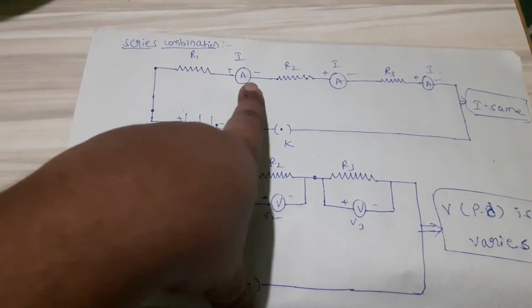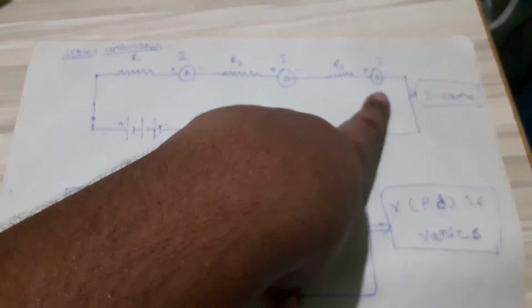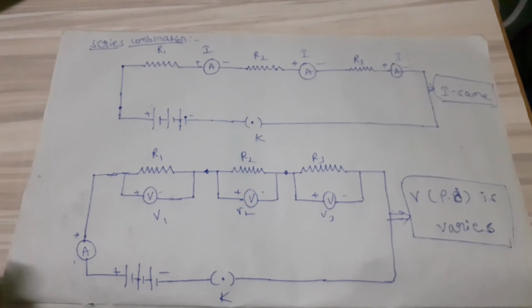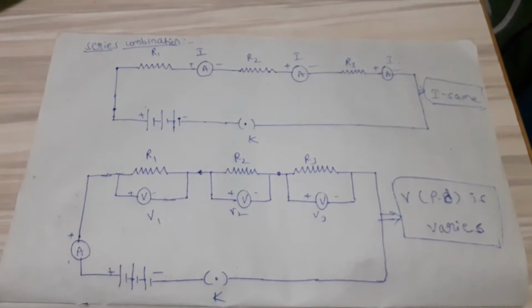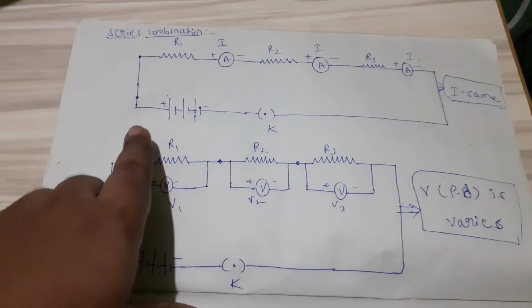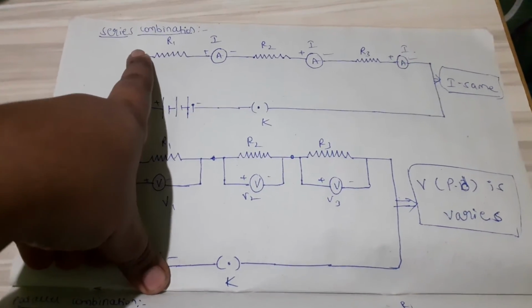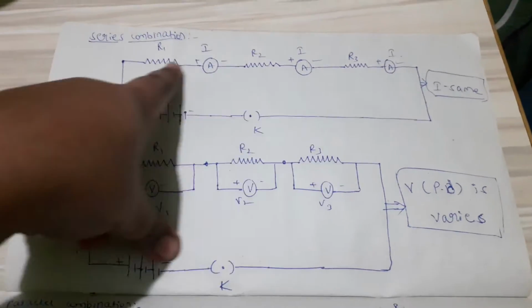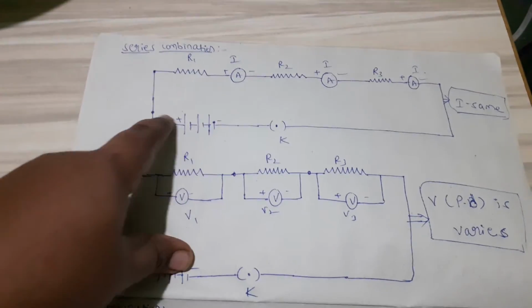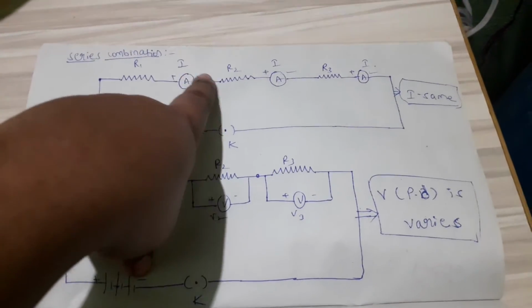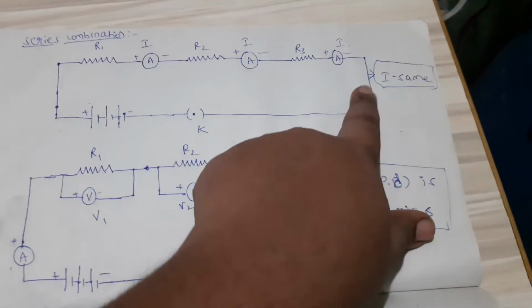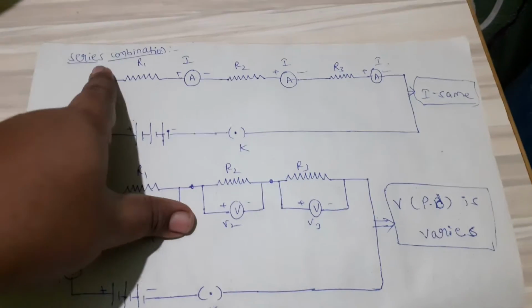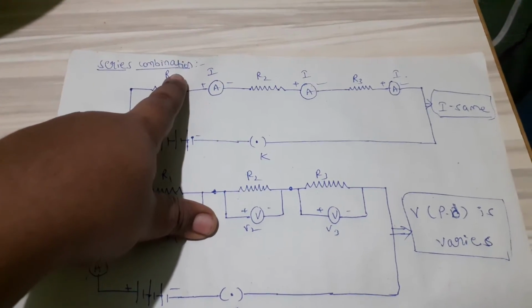I am connecting the ammeter to each resistor to find the current value. You have observed one thing: there is no junction in the circuit. So current flows through each resistor and the current is the same. So current is the same in series combination.